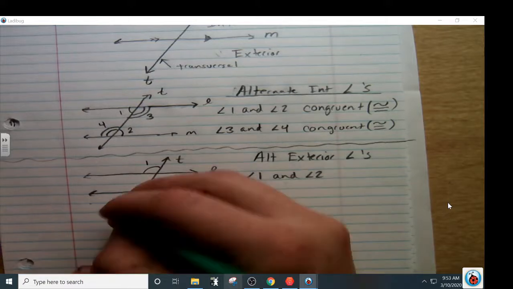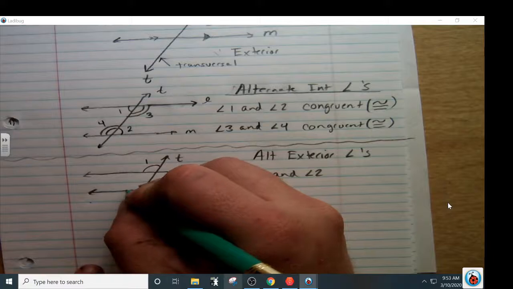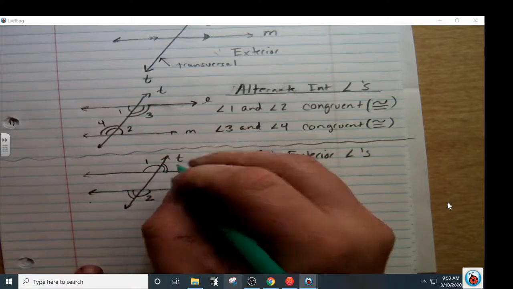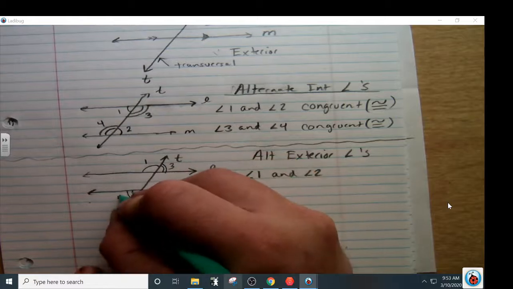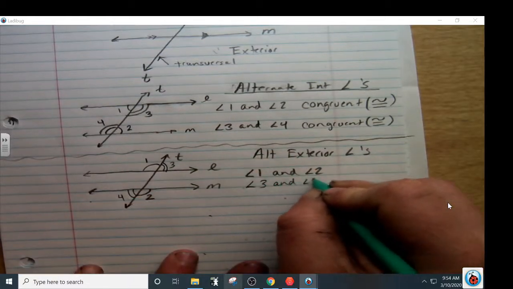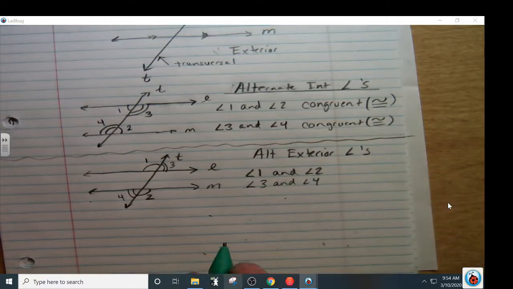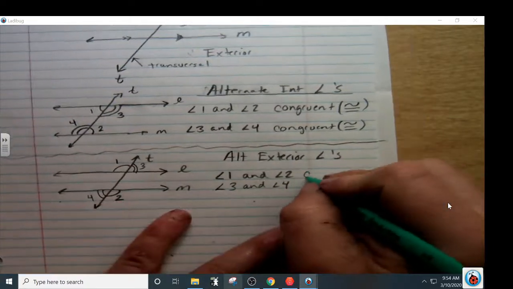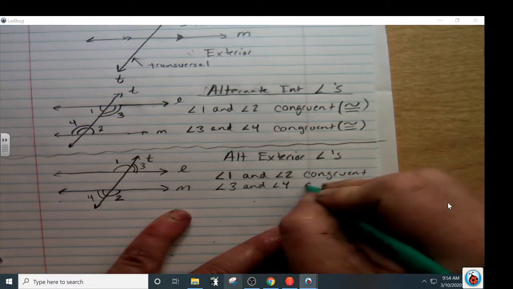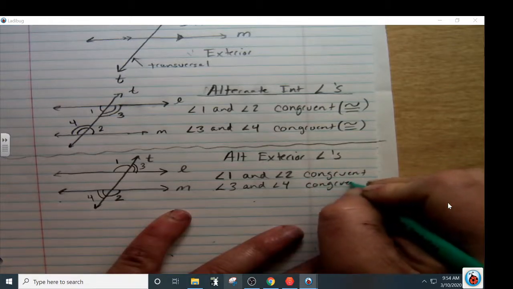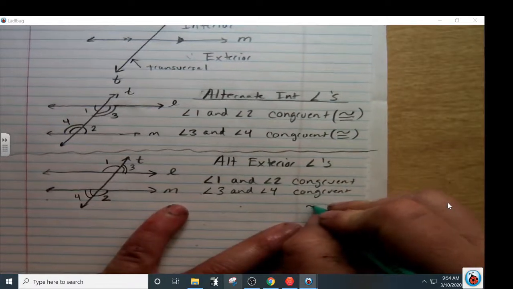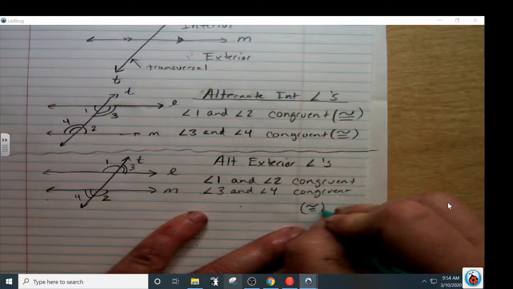Now, angle 3 and angle 4 are alternate exterior. And guys, these are congruent. Remember, if it's congruent, a squiggly equal sign is the same thing.